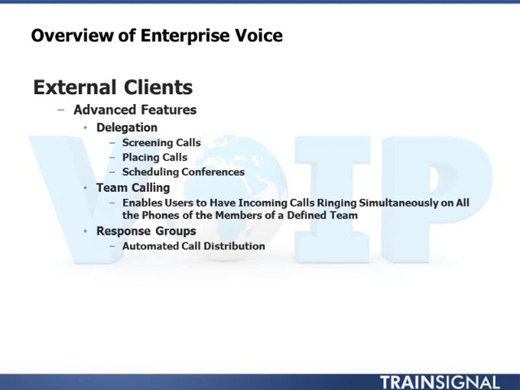Another feature called team calling enables users to have incoming calls ringing simultaneously on all the phones of the members of a defined team. We also have a feature called response groups, which is the automated call distribution. It allows an administrator to define workflows to intelligently route calls to queues getting serviced by groups of agents. We'll be using this feature to route the calls to our help desk at Carverock Fitness.